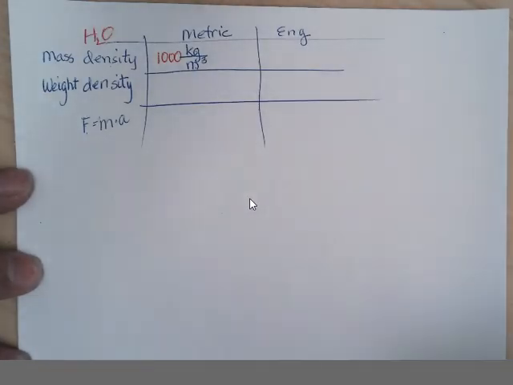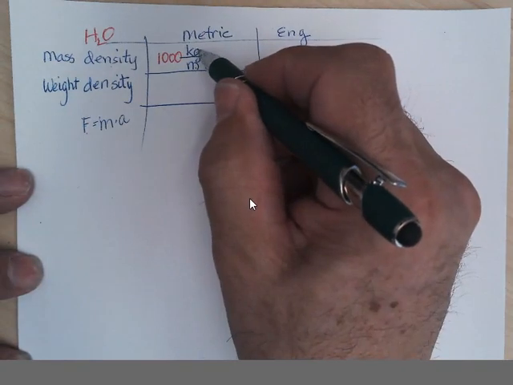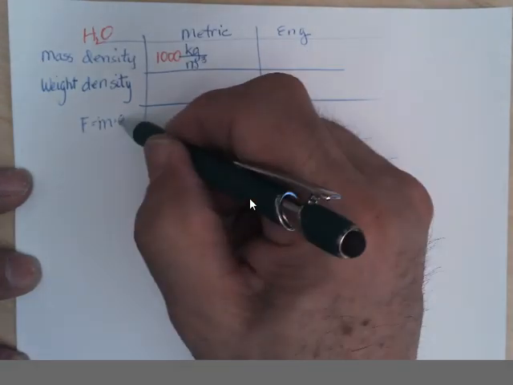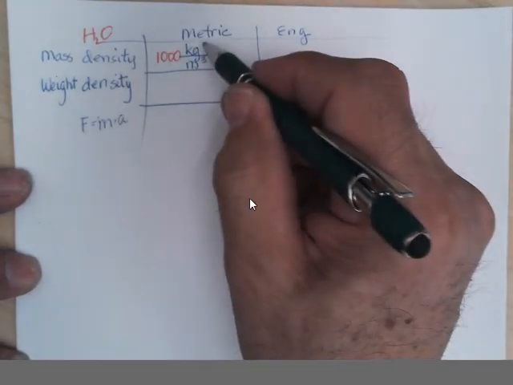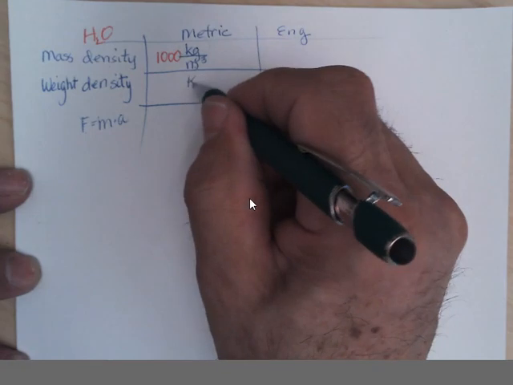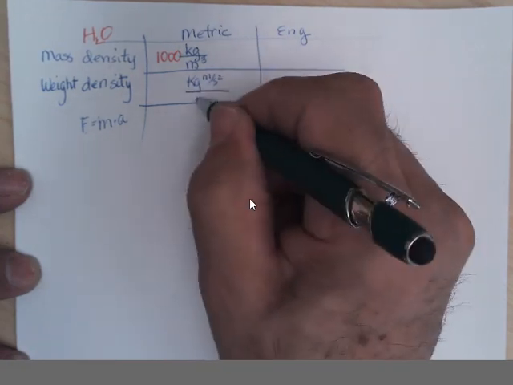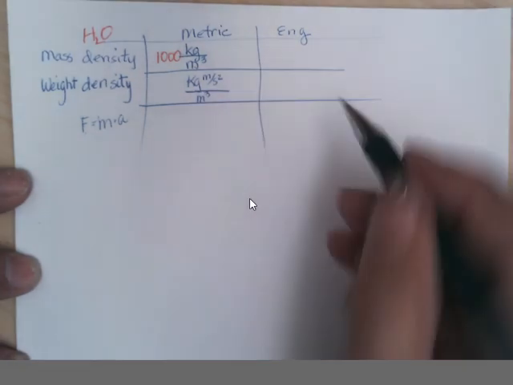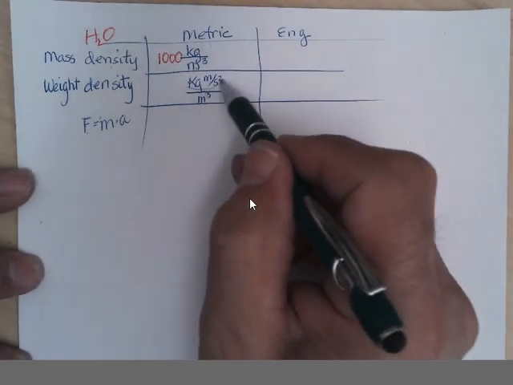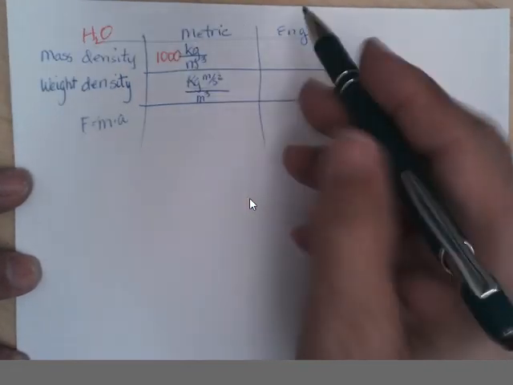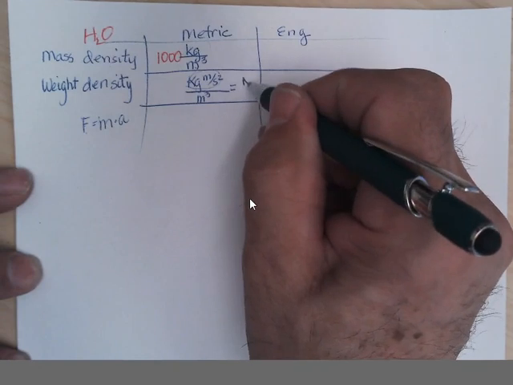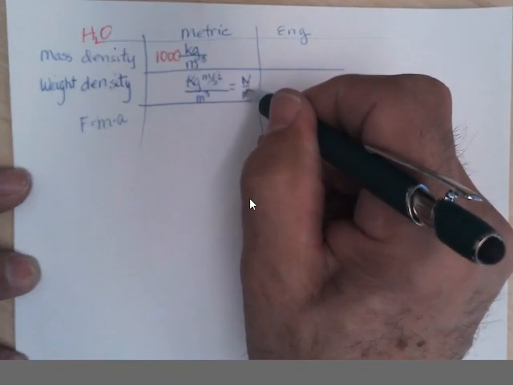So if we take this times acceleration due to gravity, it becomes kilograms meters per second squared over meters cubed. And this is what a newton is, so it's newtons per meter cubed.